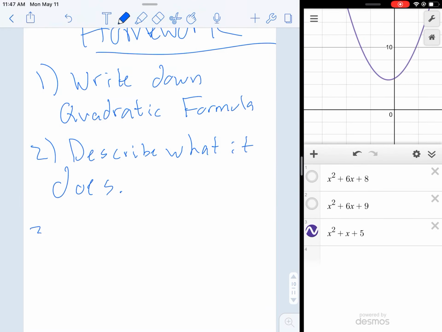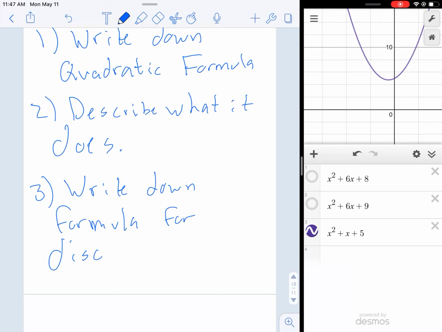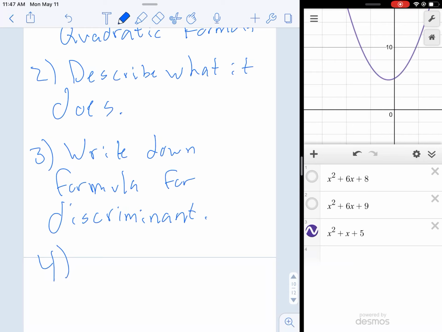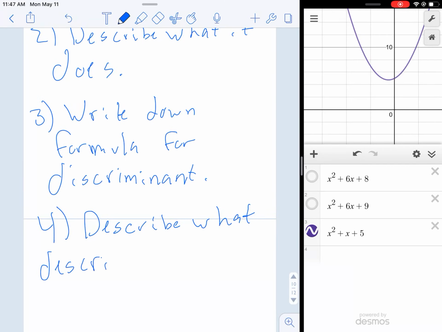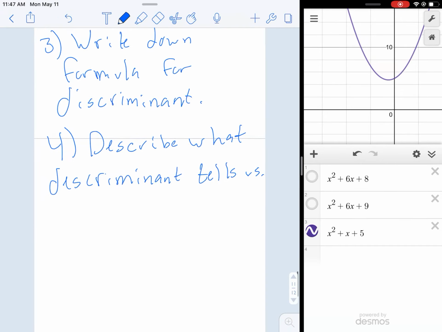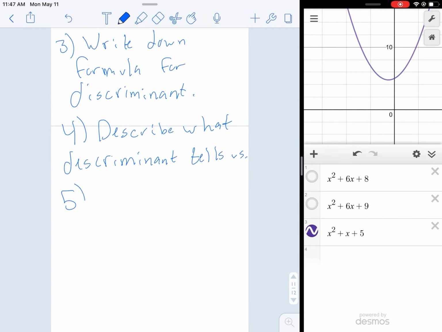Let's keep it blue. 3, write down the formula for the discriminant. Describe what the discriminant tells us. And then you have to do our 3 example problems.